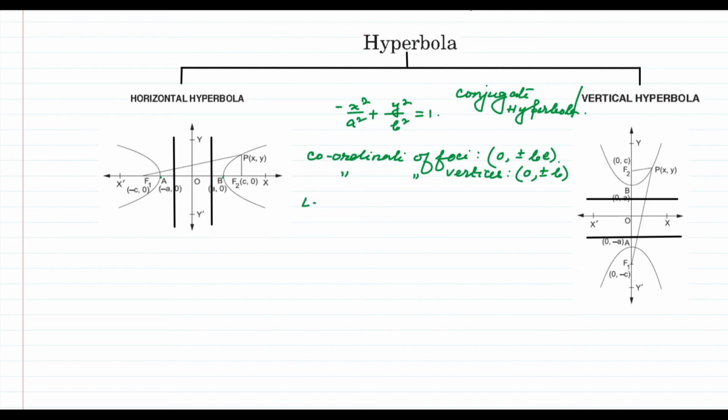The length of the transverse axis is twice b, and the length of the conjugate axis is twice a.